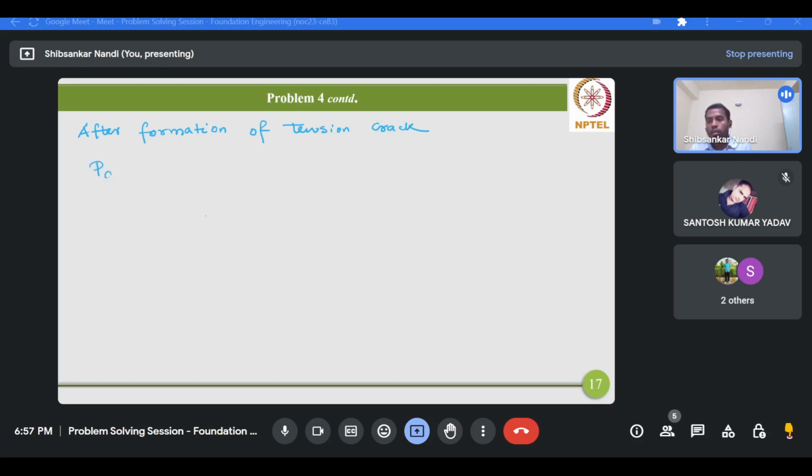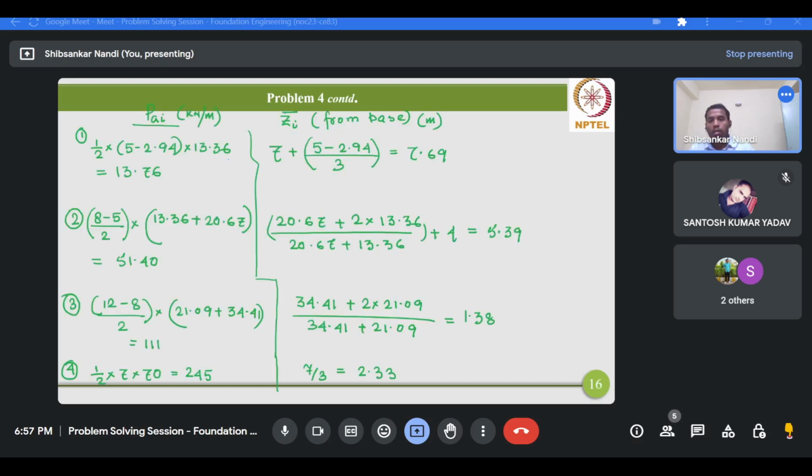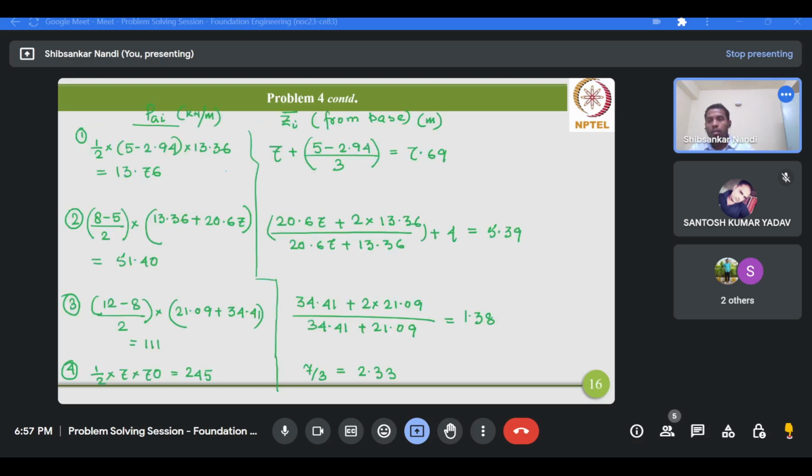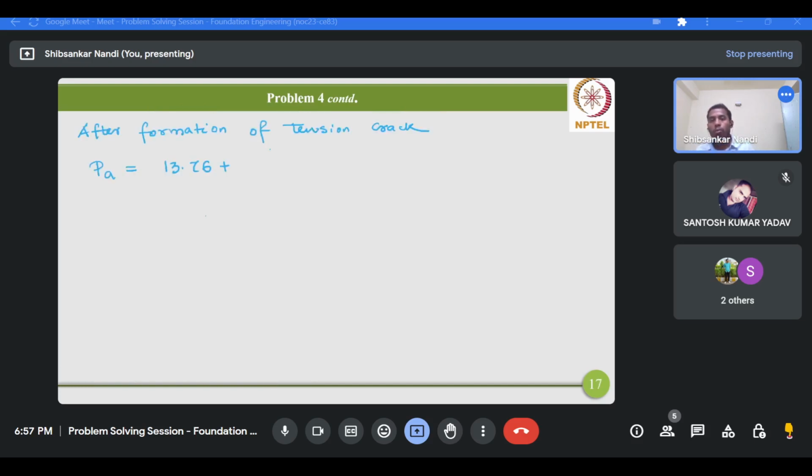So PA should be 13.76 plus 51.40 plus 111 plus 245.